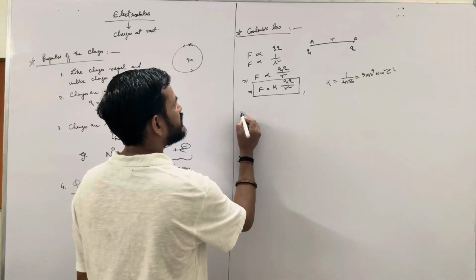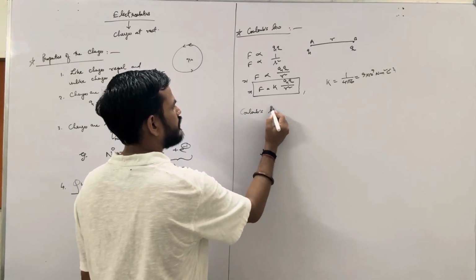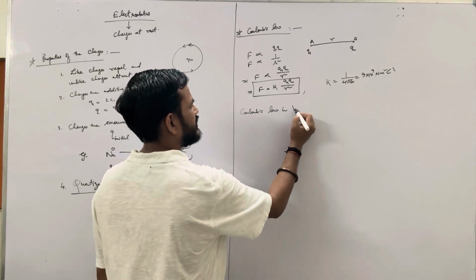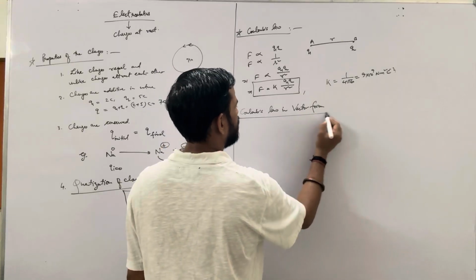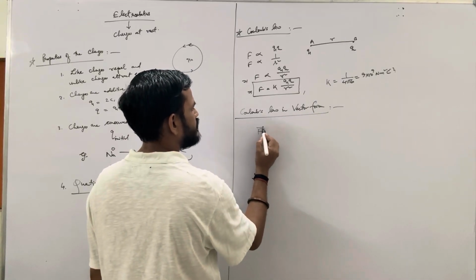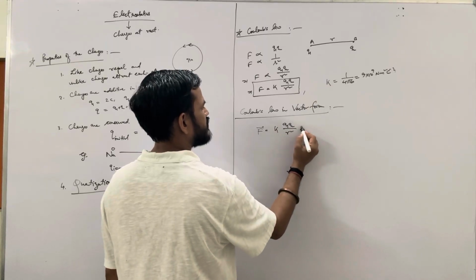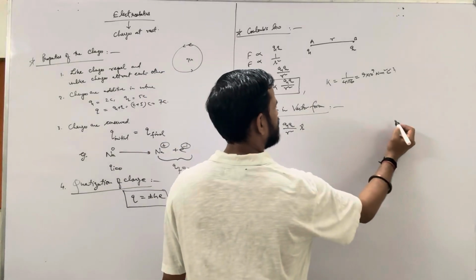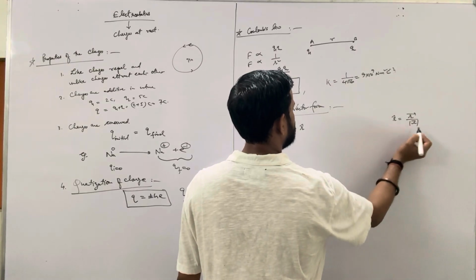If you want to write Coulomb's law in vector form, one gets force equal to K q1 q2 by r square r cap, where r cap is r vector divided by its magnitude.